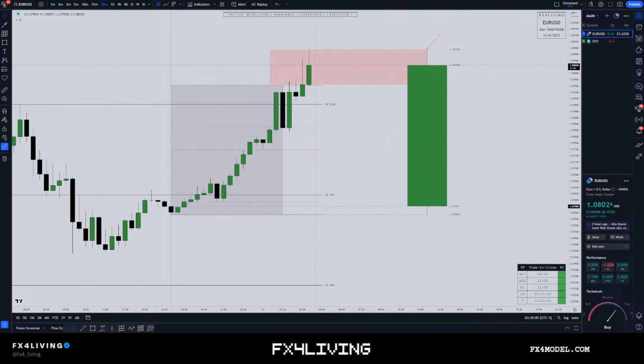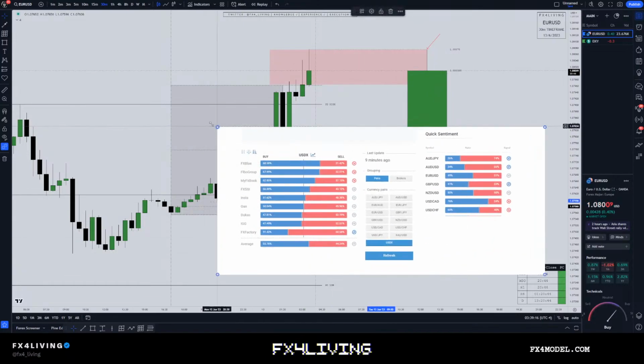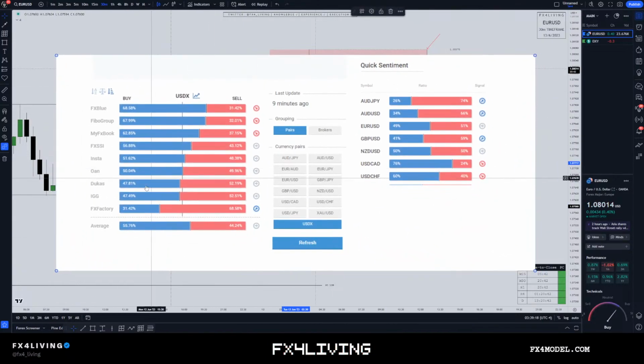I have another good sentiment website. So this one here. So this is the DXY, right? This website compiles a couple of websites. For example, MyFxBook is here, but it was only updated 9 minutes ago.